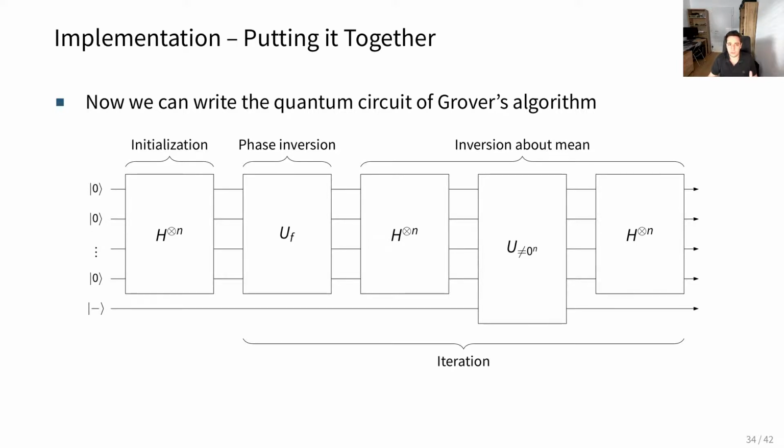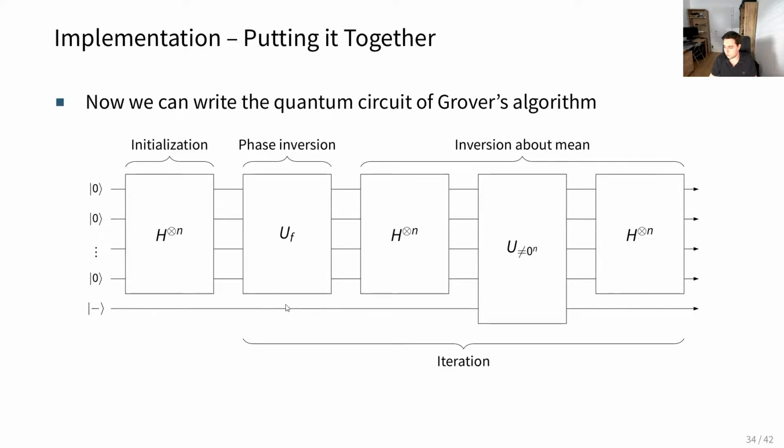It's essentially only that. So basically, putting together the two components, we have first the initialization step with the Hadamard gate. This is often used. The input is basically deterministic qubits, so to say. They get put into a superposition by this initialization quantum gate. Then we have this phase inversion from before.